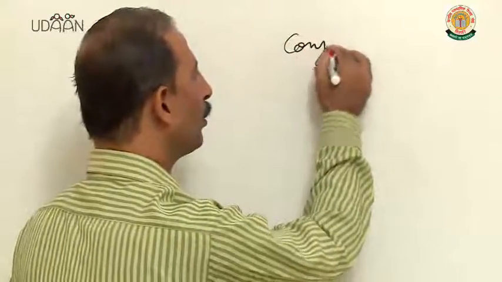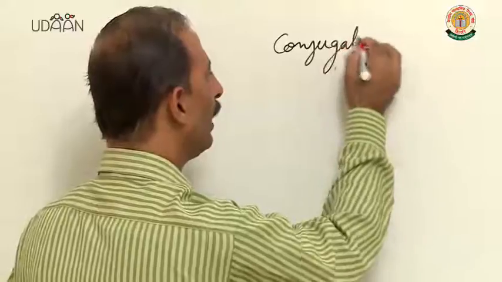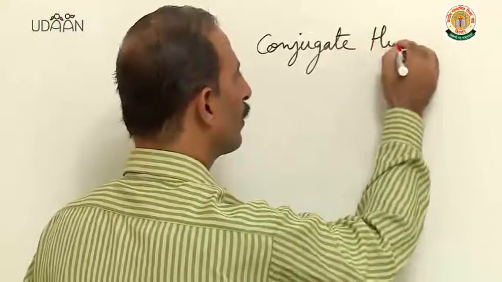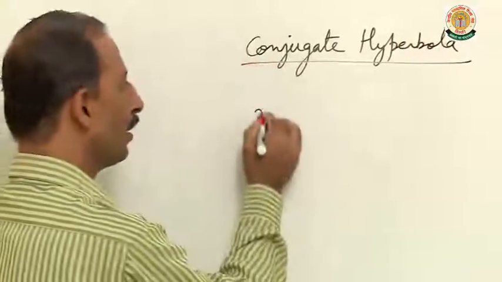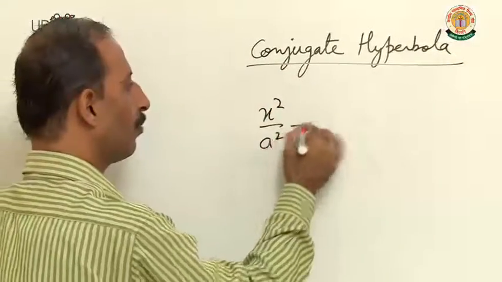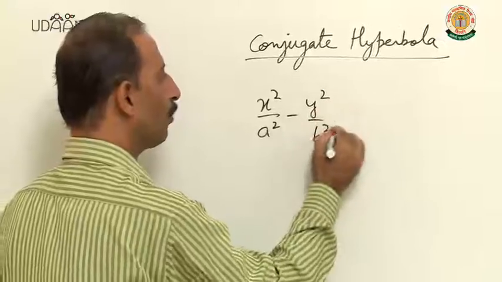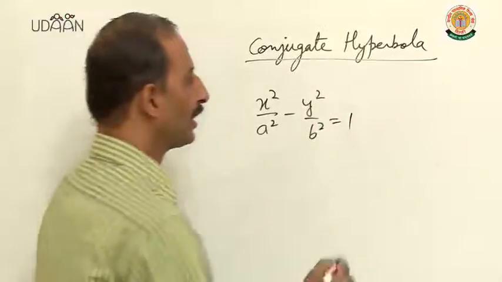Now, conjugate hyperbola. What do you mean by conjugate hyperbola? You know already, if the hyperbola is x square upon a square minus y square upon b square is equal to 1, you know its shape.